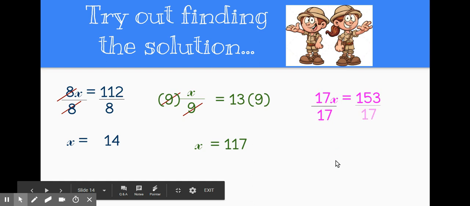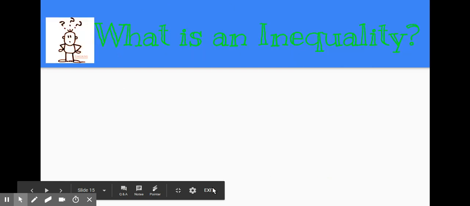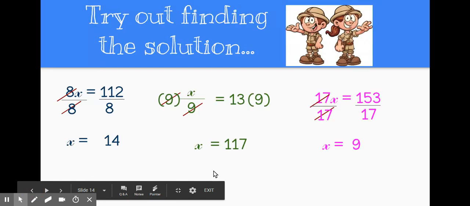Divide both sides by 17. Cancel out 17 divided by 17, and simplify to x equaling 9. Now I would like you to give this a try on your own.